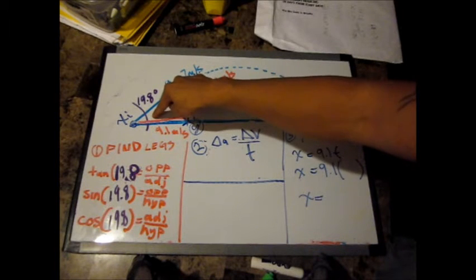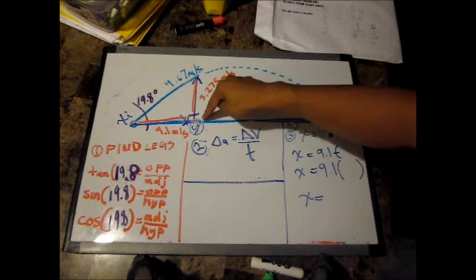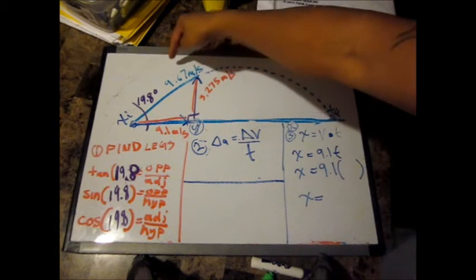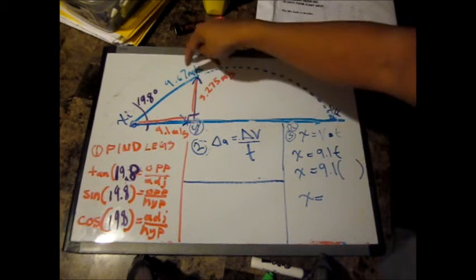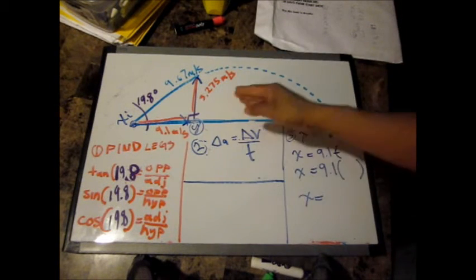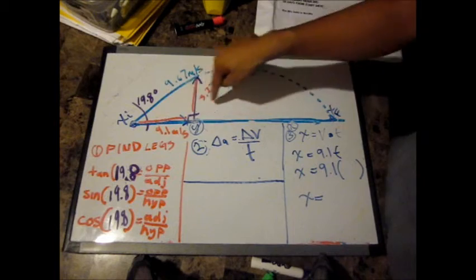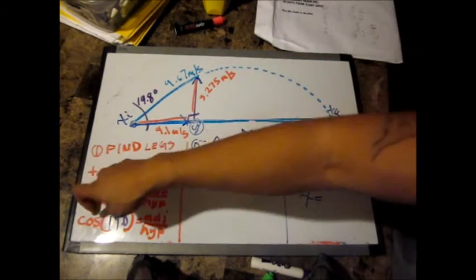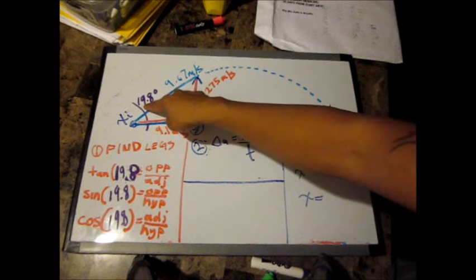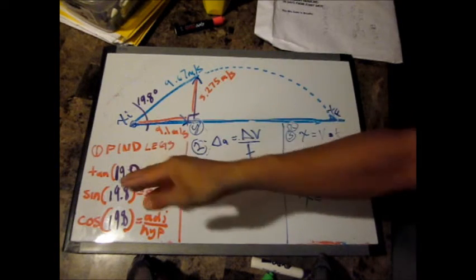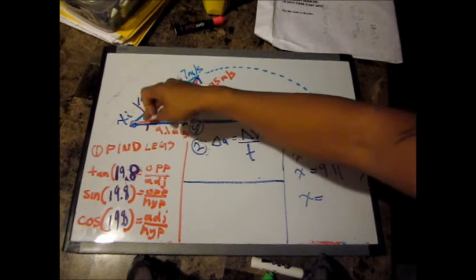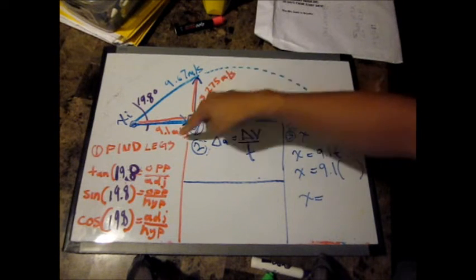If you're given an angle, and we know that this is a right triangle, this is like back to trigonometry, and you're also given the length, or in this case the velocity at a certain point, you can find out the lengths of the other two legs simply by using sine and cosine. So sine of the angle 19.8 will equal the opposite leg over our hypotenuse.